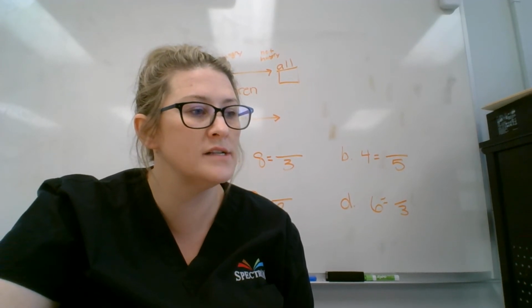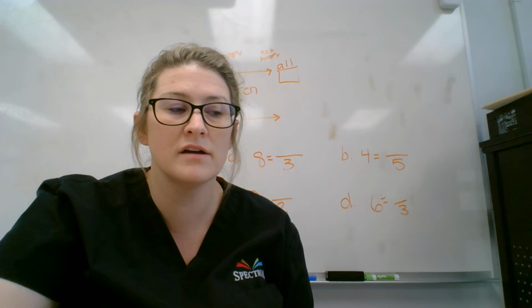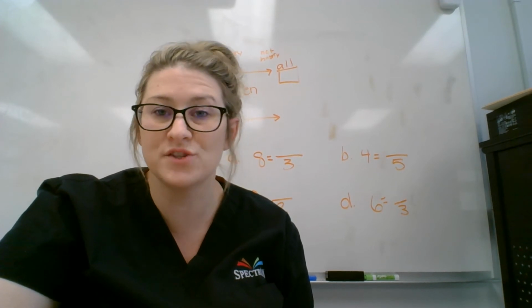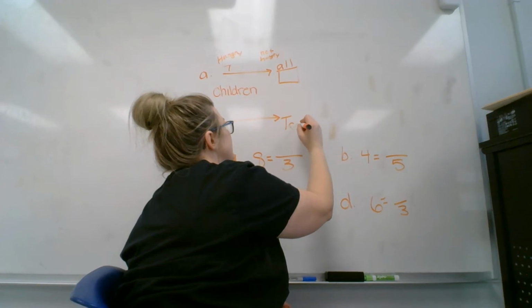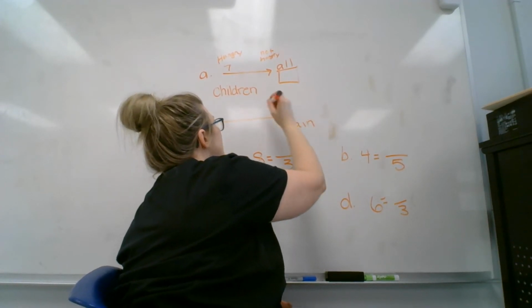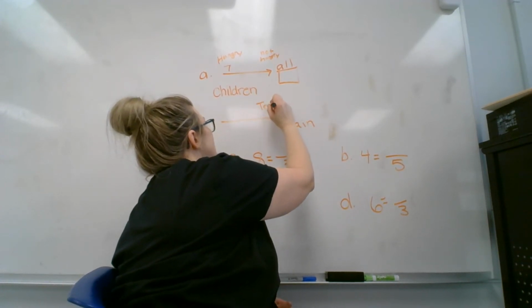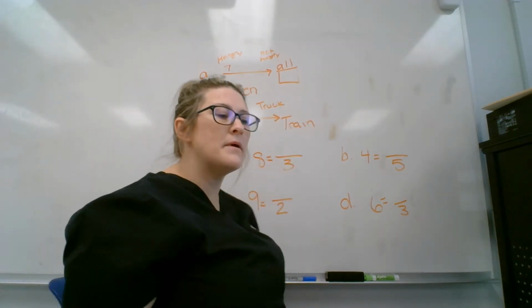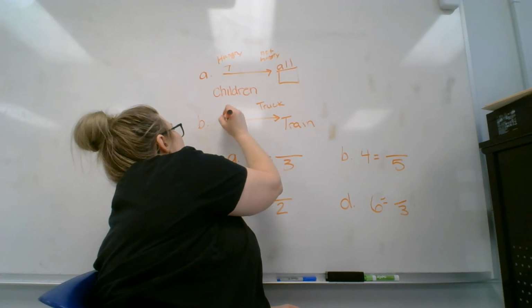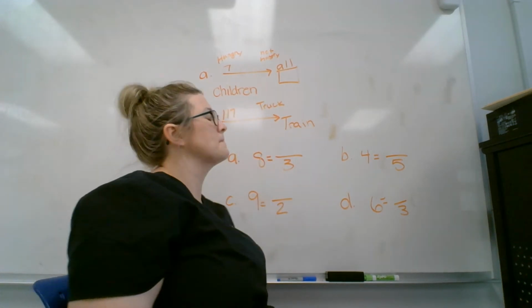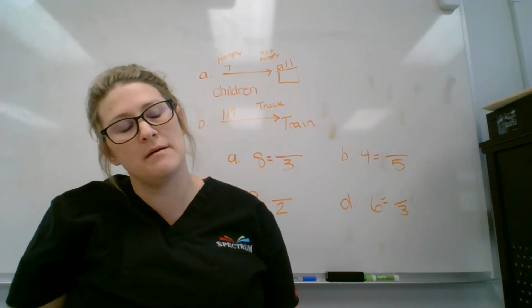The train was longer than the truck. So that tells me that the train is my big number. Train goes at the end. And then truck goes here. Remember, my difference number always comes in this first space, 117. That's how you write a difference number problem.